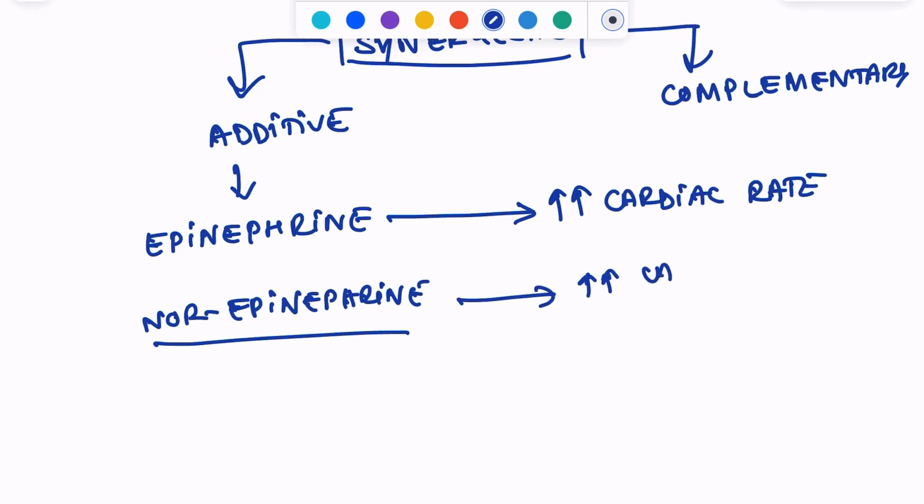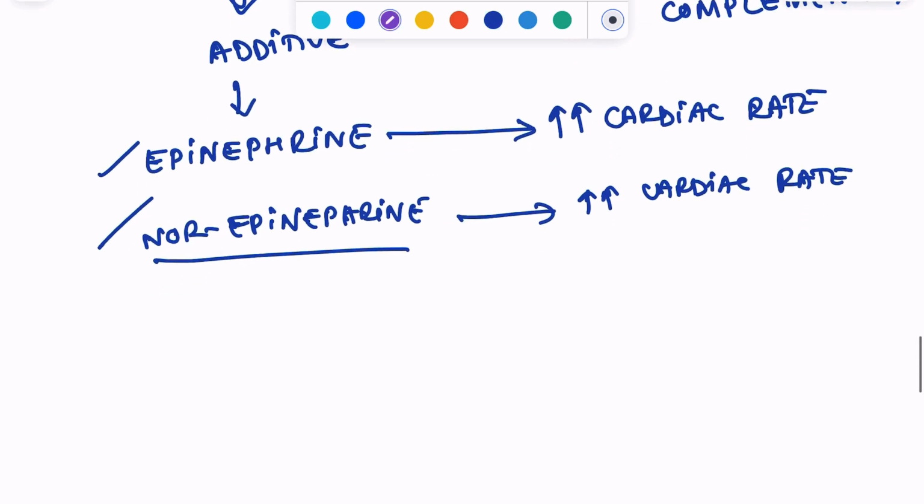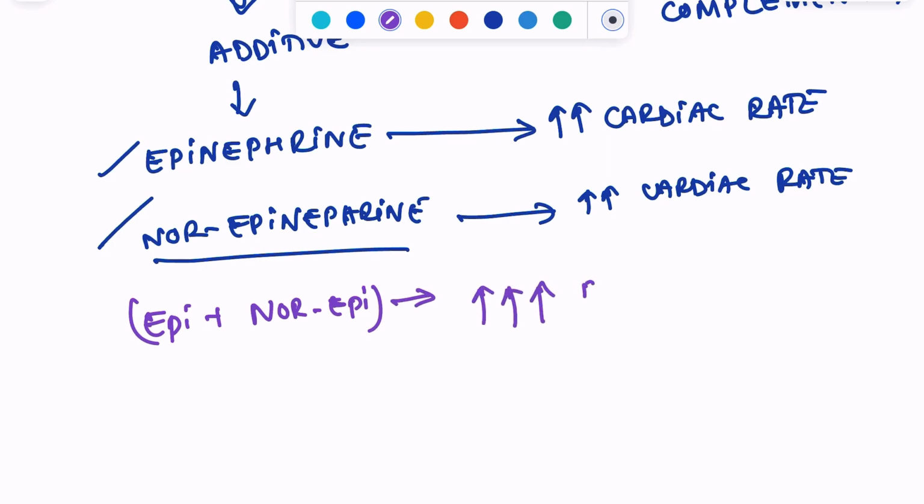When they are acting individually, both of them increase the cardiac rate. But what happens when epinephrine and norepinephrine are both present? The cardiac rate will increase more. There is a huge increase in cardiac rate, which is more than the individual effects.